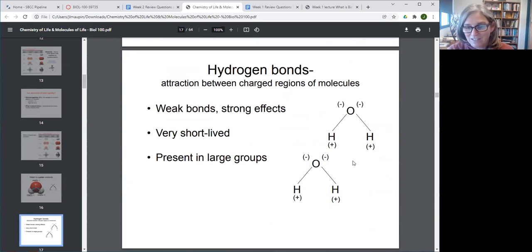You end up having these attractions, called hydrogen bonds, between those differently partially charged areas. So polar molecules will be attracted to other polar molecules because they essentially have partial magnets as part of them. Negative regions of polar molecules are attracted to positive regions of other polar molecules. But if a molecule is not polar at all, then it's not attracted to water and to other polar molecules.